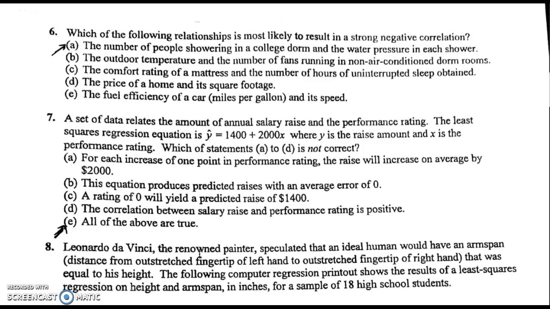As the efficiency goes up, the speed might go up, it might go down, but you're not really sure about that because there's some range where as the efficiency goes up, the speed is going up, and there's other ranges where as the efficiency goes up, the speed goes down. But A is the best answer here.